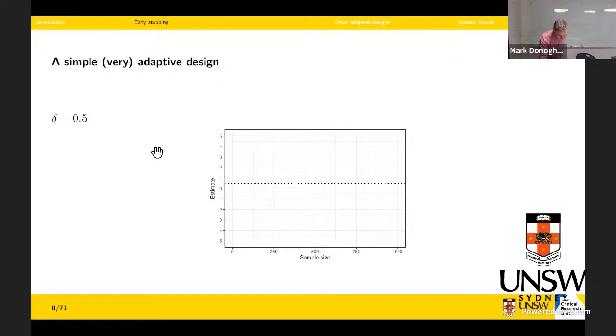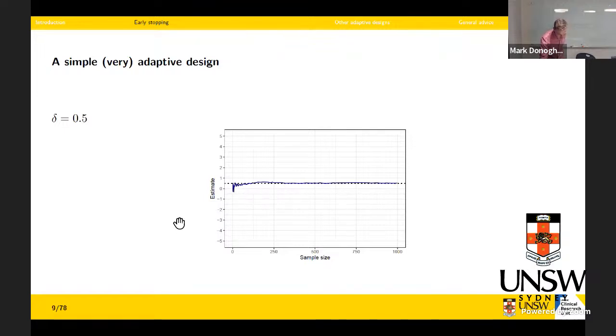And what we're going to do is increase the sample size, and after each pair of observations, one in each group, we're going to estimate the difference from all of our data up to that point, and update our estimate. And the truth of that 0.5 is just marked with the dotted line here.